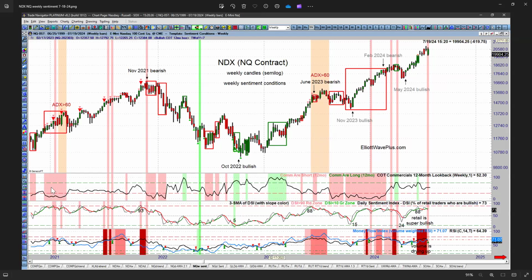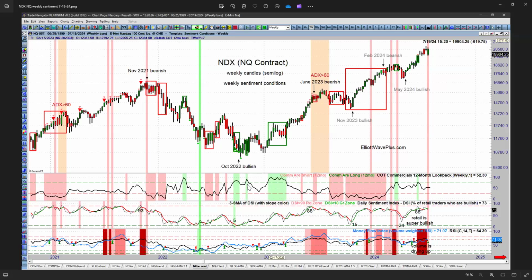In previous years, it's been fine. The commercials were hedged here for a move to the downside, and they got it. Commercials were hedged here. Retail traders were 93% bullish. That's the best signal. That would be in November of 2021, a perfect storm of bearishness on the Nasdaq.